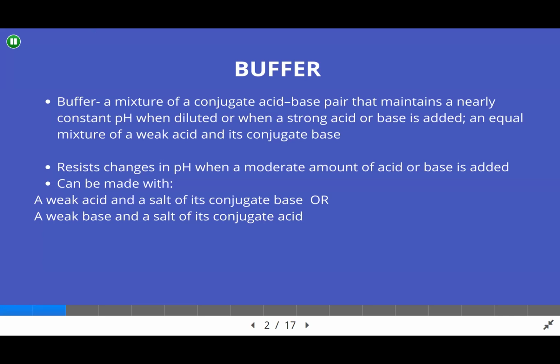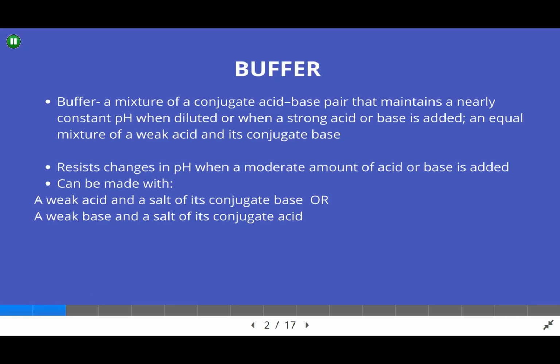At a volume of titrant that is basically 1/2 the volume at the equivalence point. So you're adding more and more of the acid or base, but the pH is not changing. And the solution near these points has a special significance, which is called a buffer solution, or simply a buffer. So it's a mixture of a conjugate acid-base pair that maintains a nearly constant pH when diluted or when strong acid or base is added.